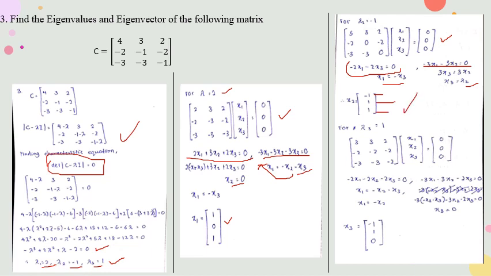For lambda 3 equals 1, after substituting it, we'll find this new matrix.